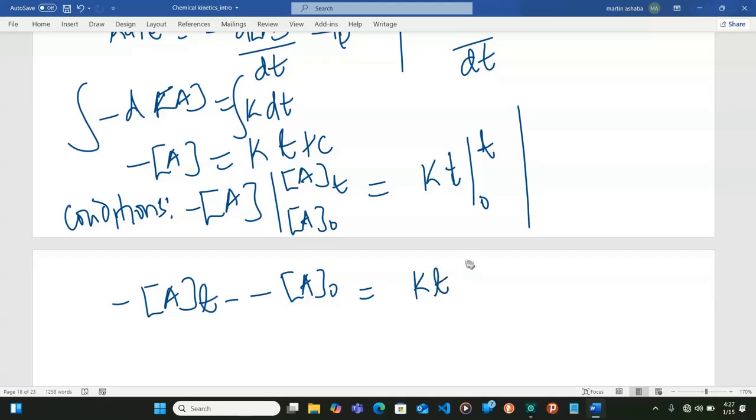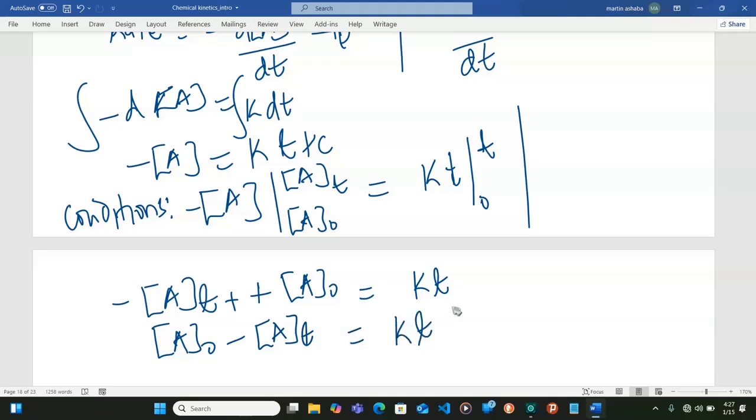Okay, then from there we'll have the concentration at t is equal to 0 minus the concentration at any time t, this is equal to kt.